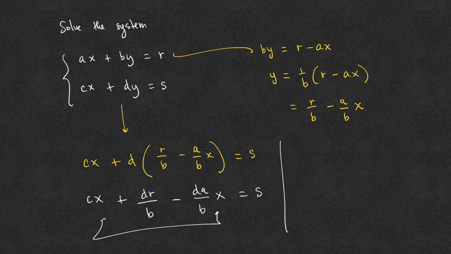We then factor out x to get c minus da over b, times x, equals s minus dr over b. We then simplify this fraction.